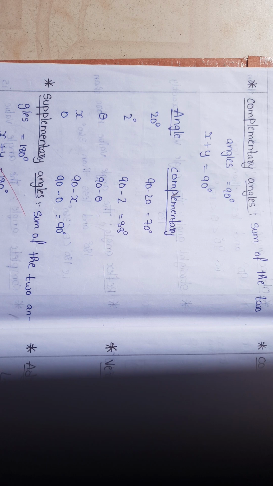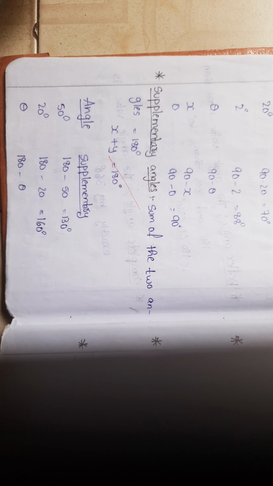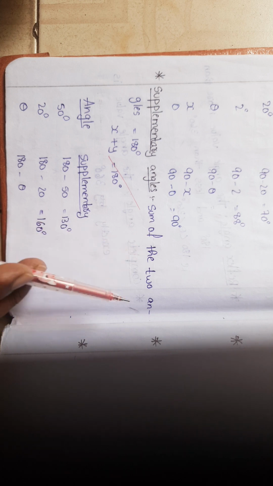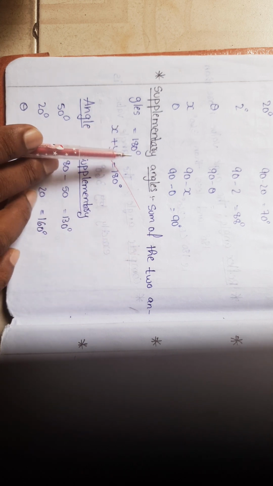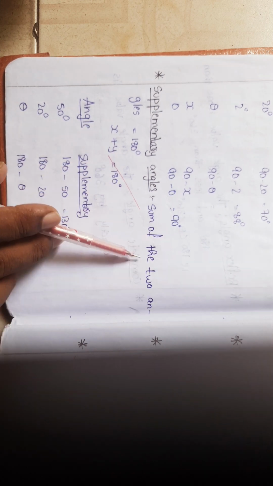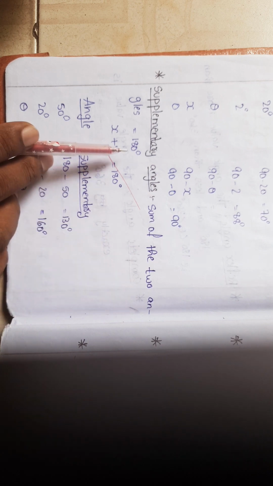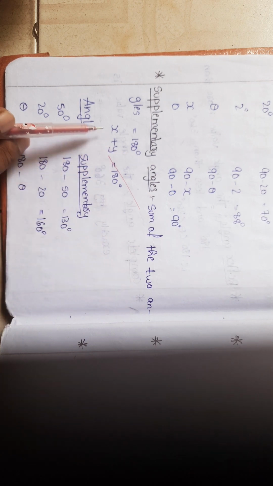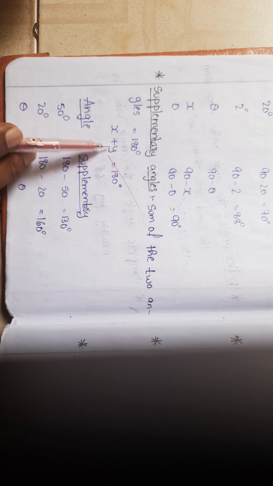Now we are discussing another topic, that is supplementary angles. What are supplementary angles? The sum of the two angles is equal to 180 degrees. I am taking x and y as two angles.